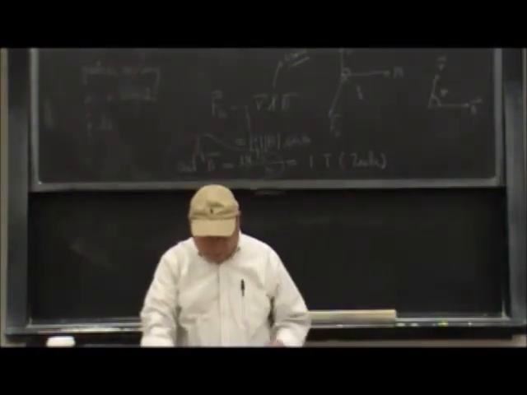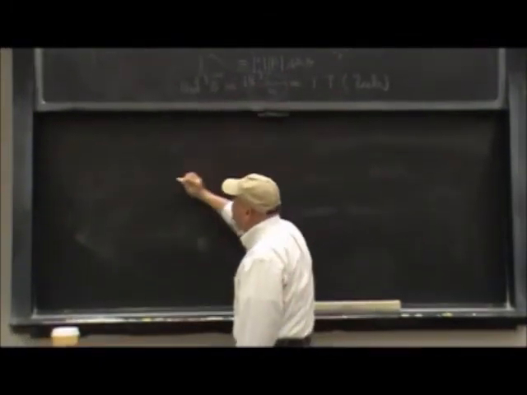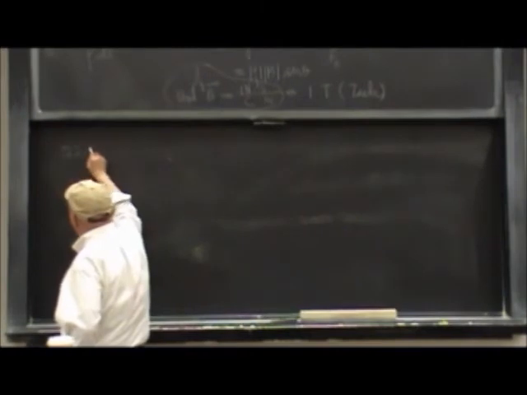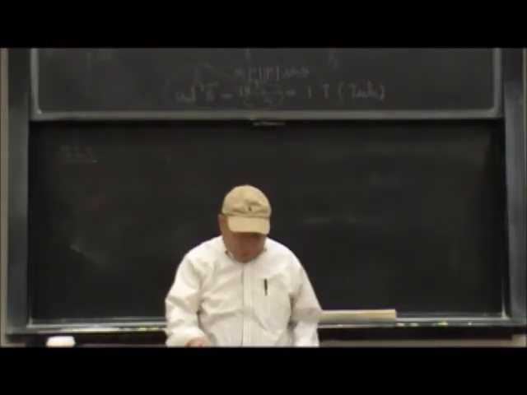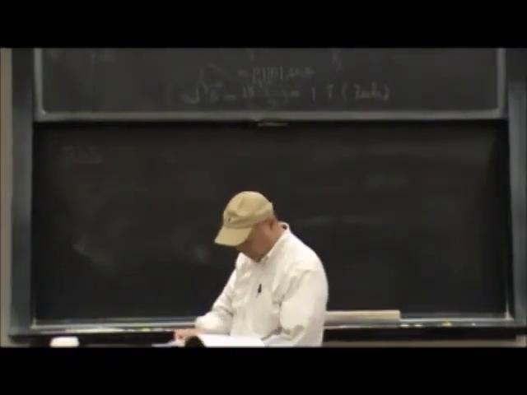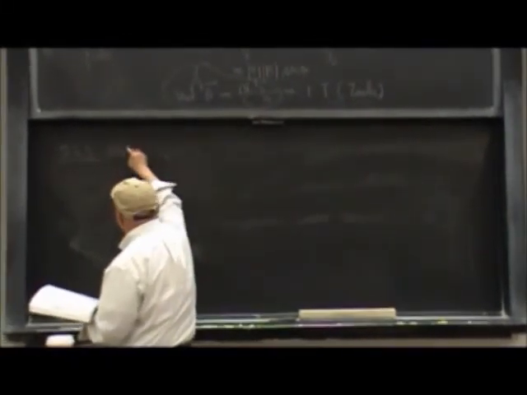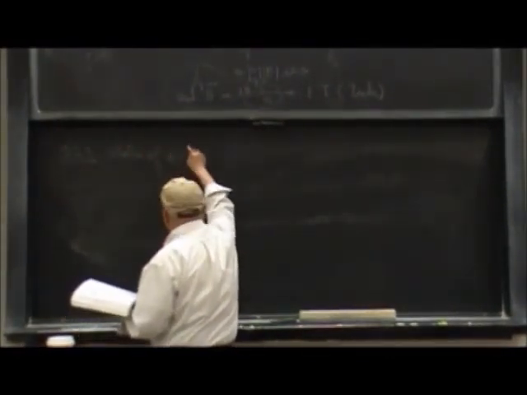Then move on to the next section, which is related to our laboratory later on, section 22.3. This particular one is about the motion of a charged particle in a magnetic field.